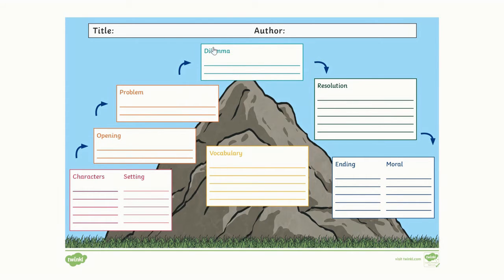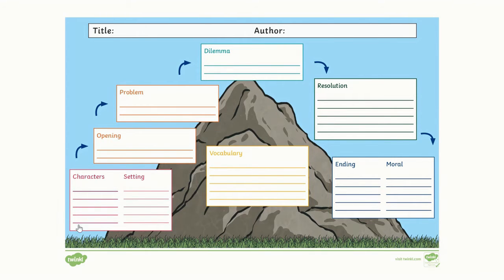At the peak, a problem happens to the character. As we go down, which is also known as falling, the character finds the solution to the problem, and we go towards the end of the story. It can be a happy ending or a sad ending. So this is a story mountain.